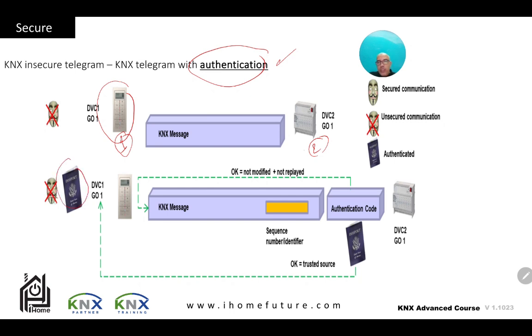So this device is telling me that it is the authenticated device using something called a passport, which is some kind of key. If I can check this key, then I know that this data is authenticated. So I have an authentication code, which is the passport, and I have a sequence number to make sure that this data is not replayed, so it's not a copy of data that I've seen before. This is the concept of authentication.